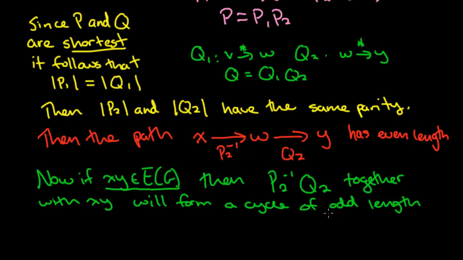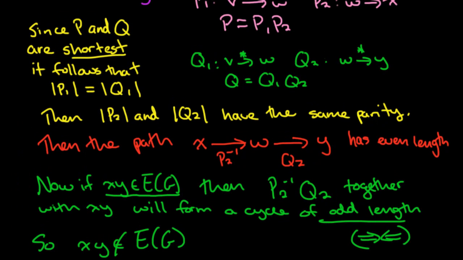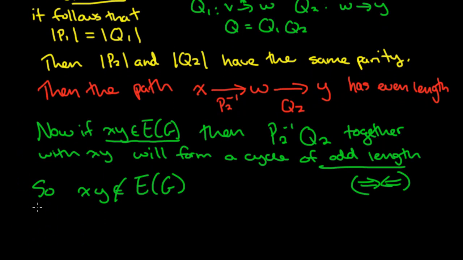If it is an edge, then we've just formed a cycle of odd length, which we know is impossible. So xy is not an edge of the graph, where we took x and y from the partite set X.